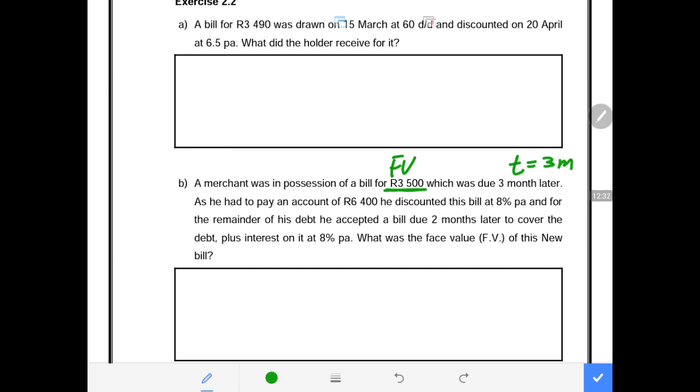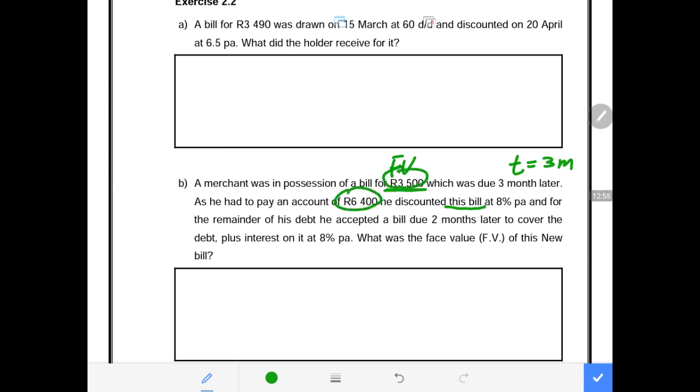Now it says as he had to pay an account of 6,400. So now this person is owing somebody else, or is owing an account. Because he's owing somebody else, it says he discounted this bill. Which bill? This is the bill. This is not the bill.